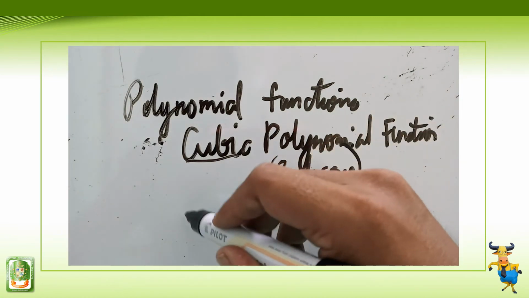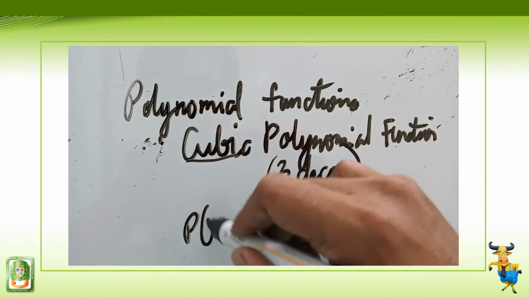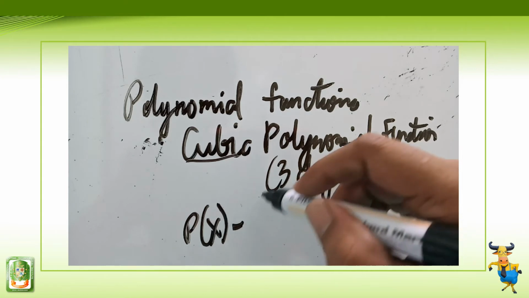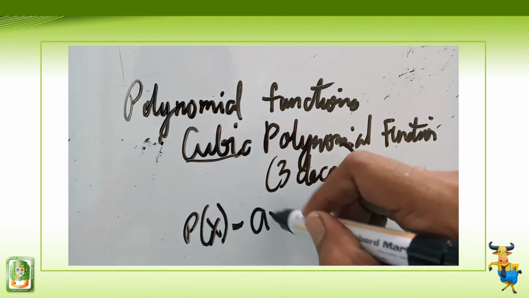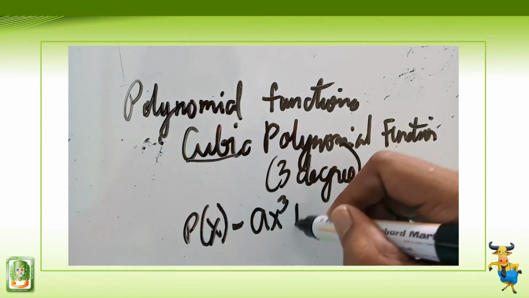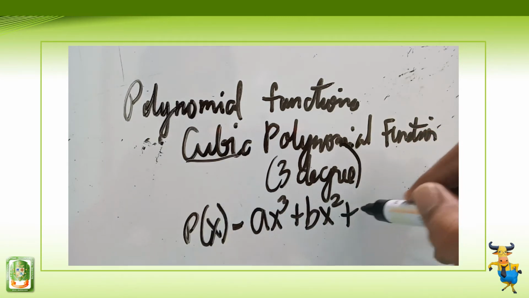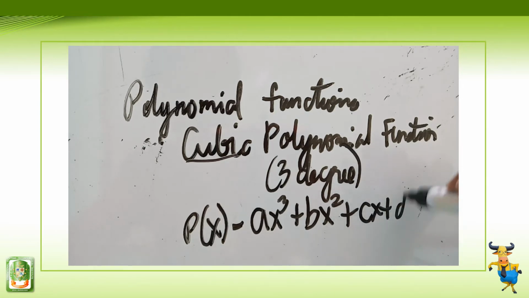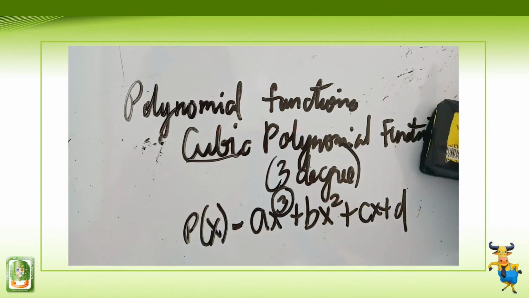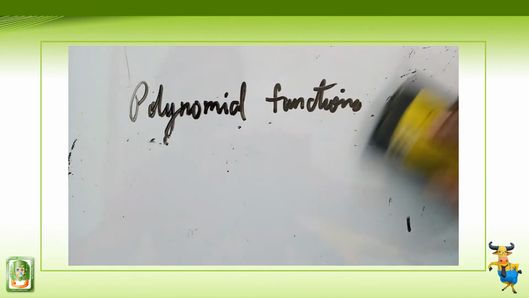Ano yung example niya? Ganito yon. So, p of x is equal to ax raised to 3 plus bx raised to 2 plus cx plus d. So, nasa 3rd degree tayo pag cubic. Okay? Cubic polynomial function.